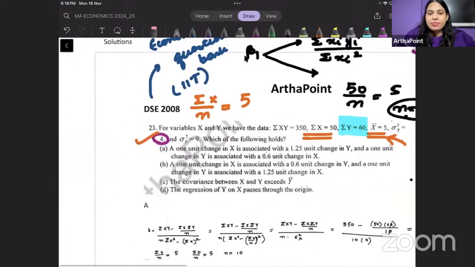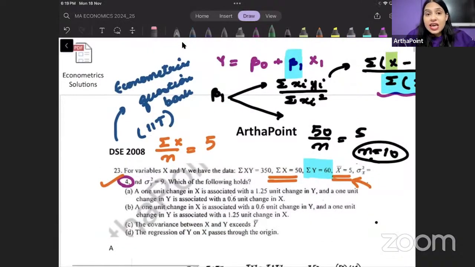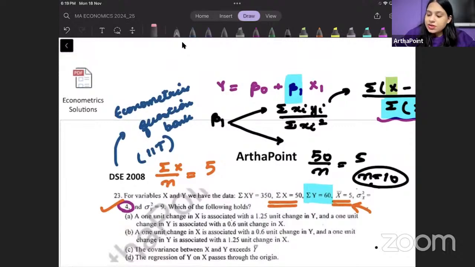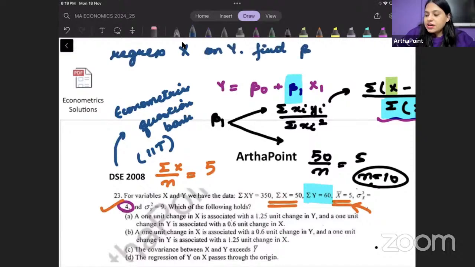Try to go ahead. I'm giving you 1 minute. Try to go ahead and, using the same information, regress x on y and find beta xy. Try to do this.